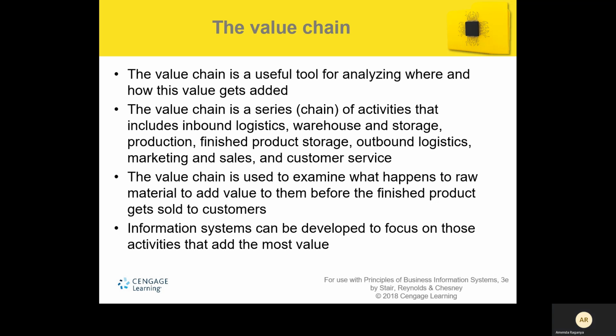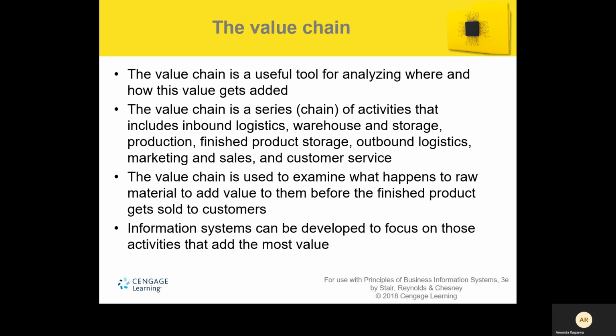So we are going to achieve this value based on this series of chains of activities. And also, value chain is used to examine what happens to raw materials to add value to them before they become the finished product sold to customers.